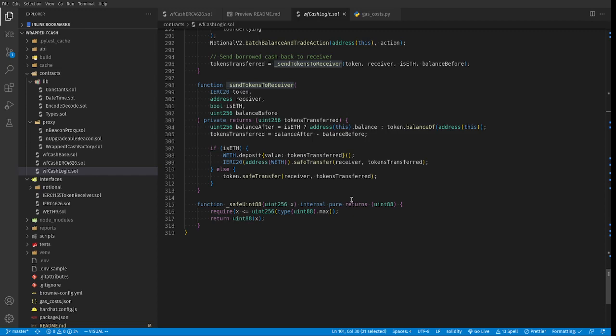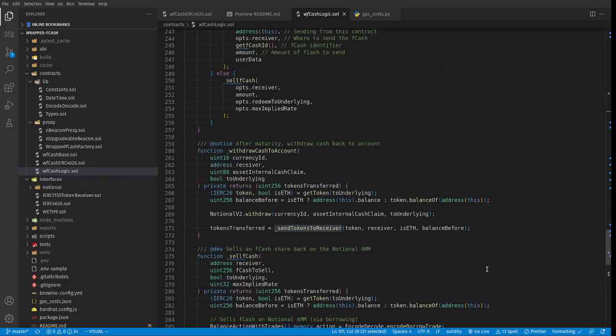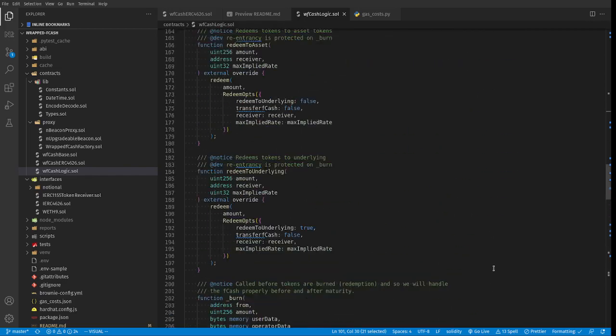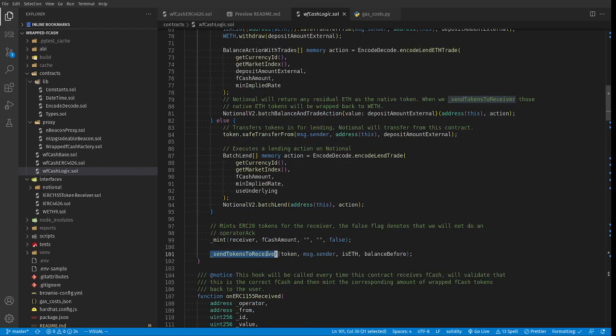So it's very common to have some residual amount of cash left over after lending. And in this case, we'll just send that little residual amount of cash back to the user. So that's what that does. And when we transfer ETH, we always send WETH out. So that's the minting and sending here.